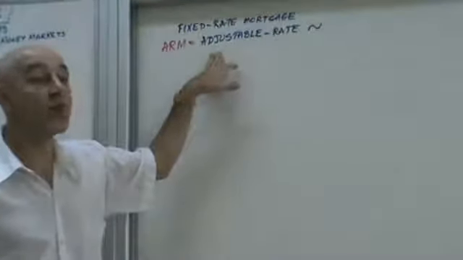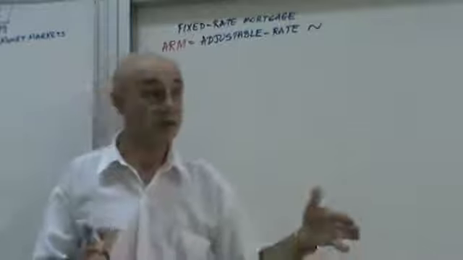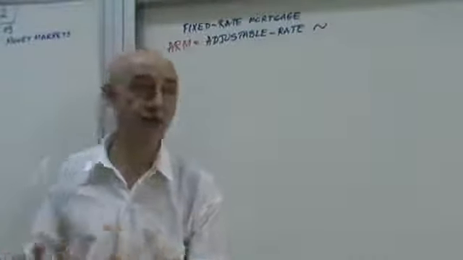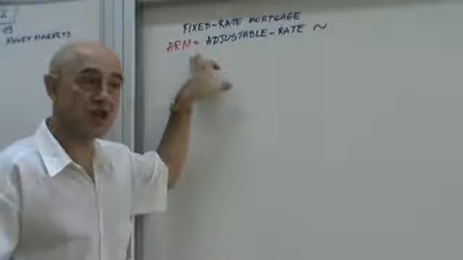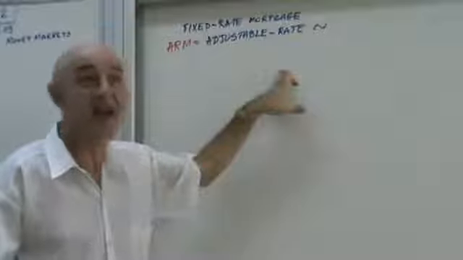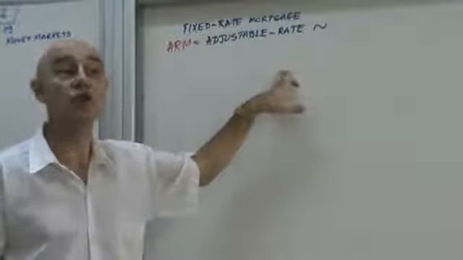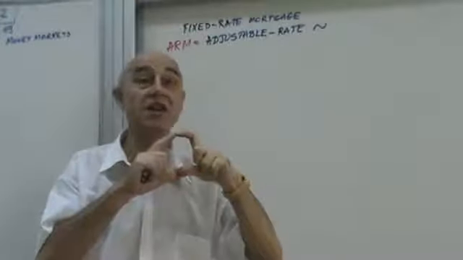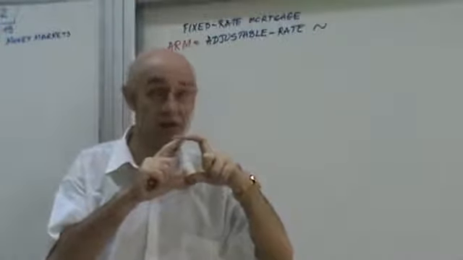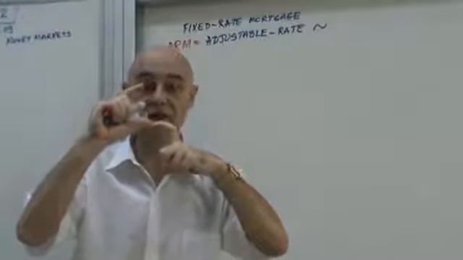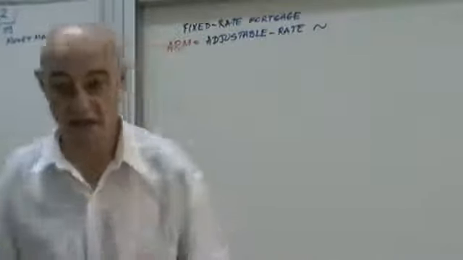Sometimes the ARM will be for a few years fixed and after that adjustable. So they make it 3 years fixed initially, so for the first 3 years it's fixed, and after that it begins to adjust. And the adjustment is usually based on some kind of an index, interest rate index, plus a premium, so an index plus a premium.